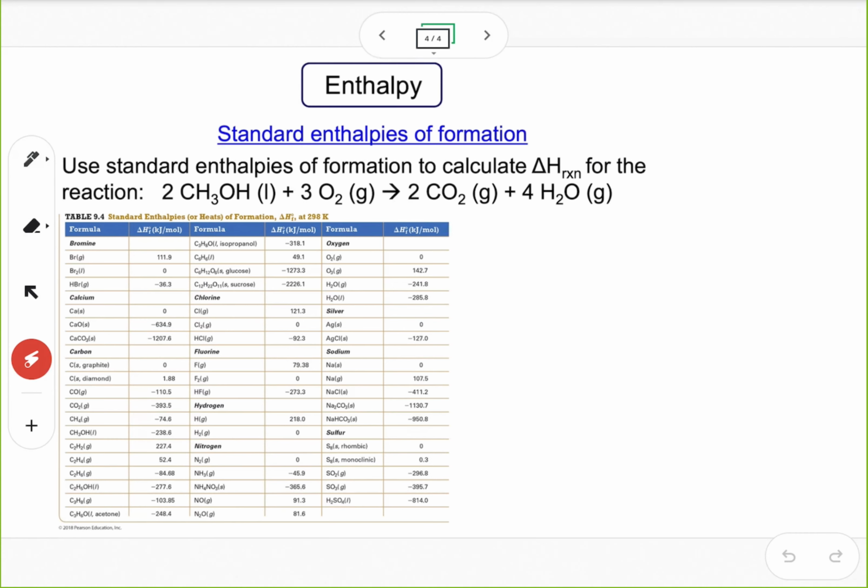Let's see how we do this. Before we start the calculation, let me tell you how we use standard enthalpy of formation to find out the delta H reaction. Here this is a general equation. I'll write it on top because it's quite important.